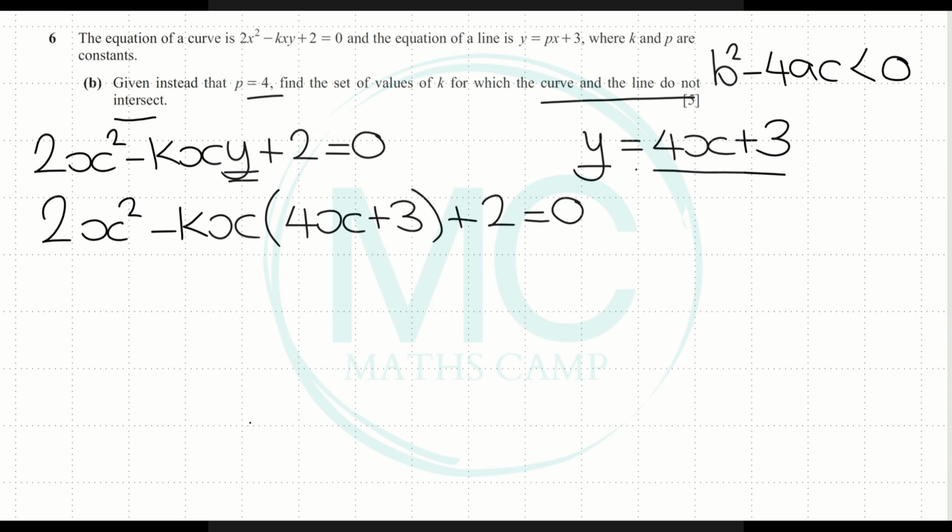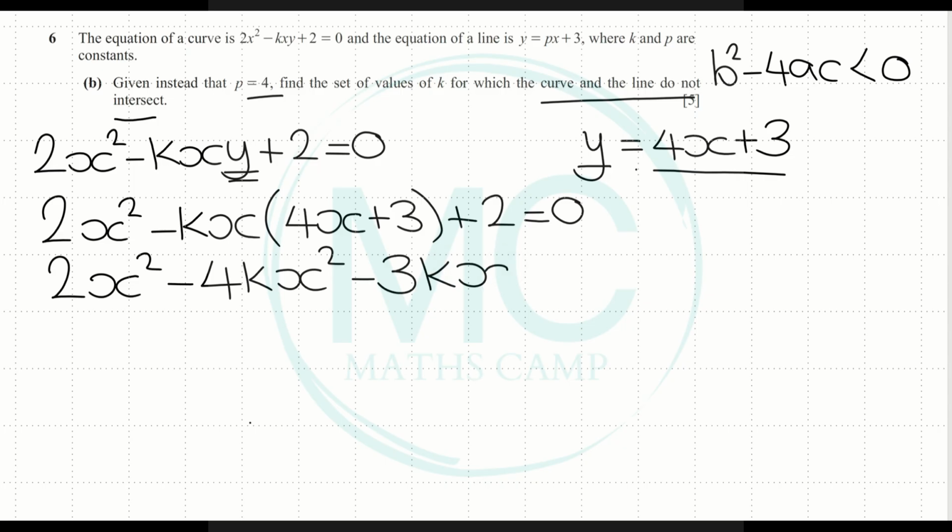Now we can expand our brackets. We get 2x squared minus 4kx squared minus 3kx plus 2 is equal to 0.